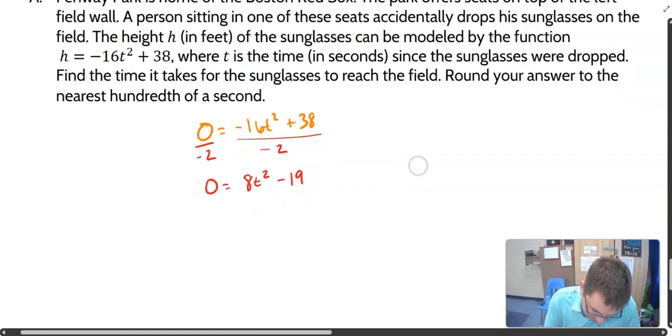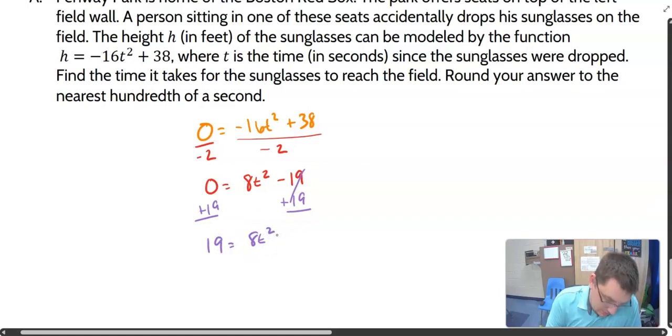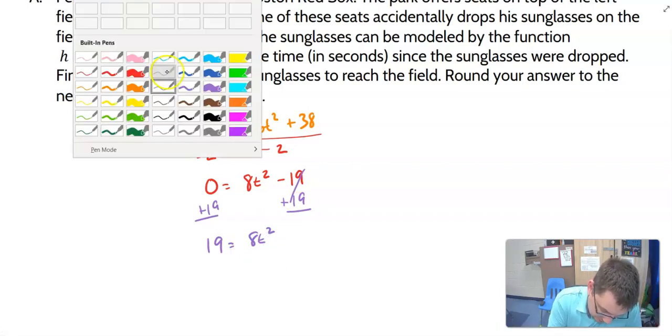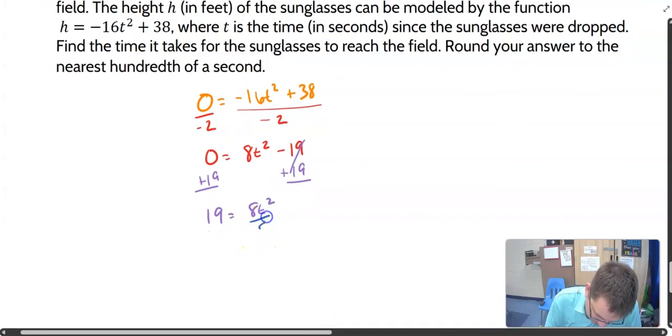Then we can add the 19 to both sides. So plus 19 and plus 19. And so 19 is equal to 8t squared. And then our next step is that we can divide by the 8. And so we get 19 over 8 is equal to t squared.